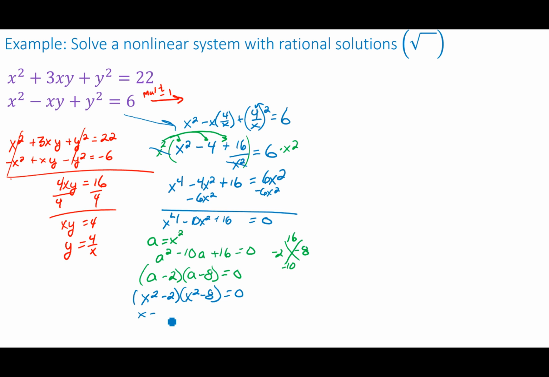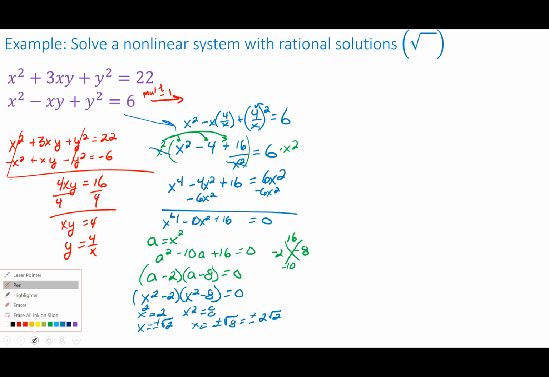Therefore x squared has to be equal to 2, and x squared has to be equal to 8. And so x is going to be plus or minus square root of 2, and x is going to be plus or minus square root of 8. Square root of 8 we could simplify to the square root of 4 times 2 under the radical. Square root of 4 is 2, so this becomes 2 root 2. So these are our possible x coordinates.